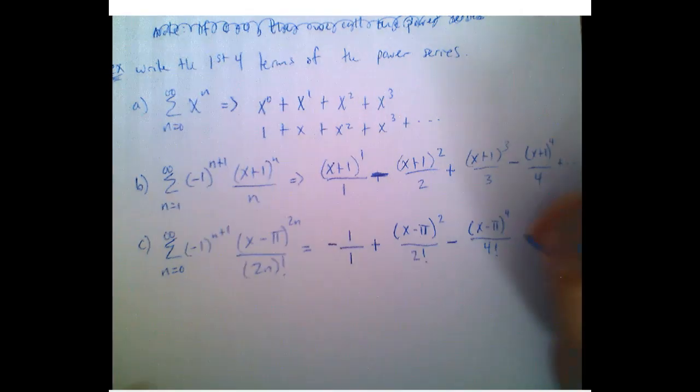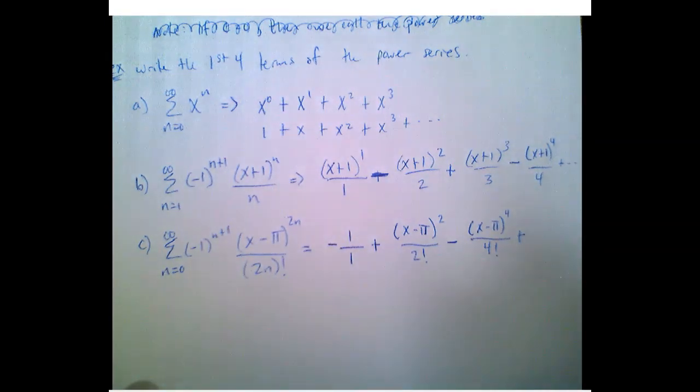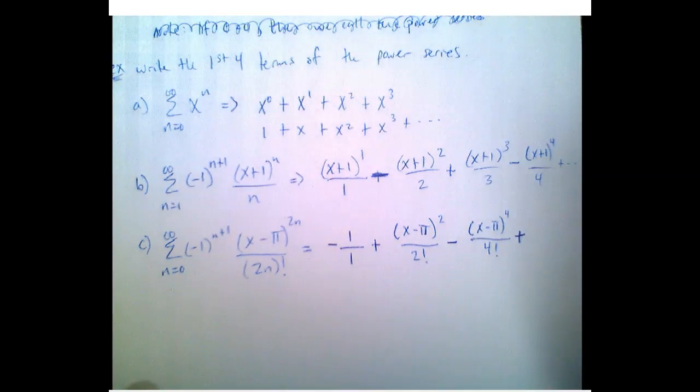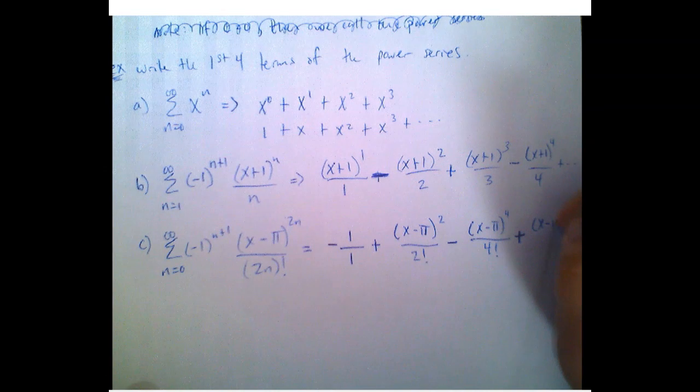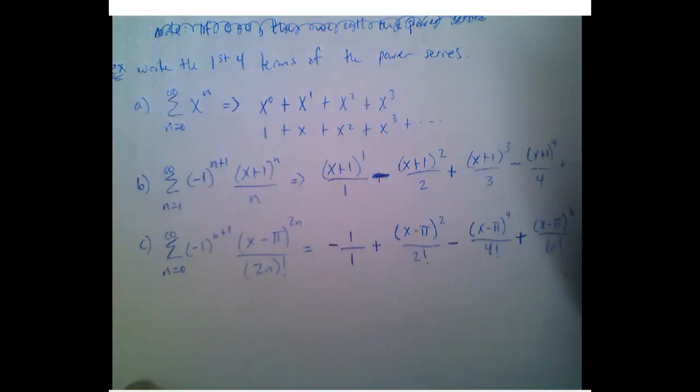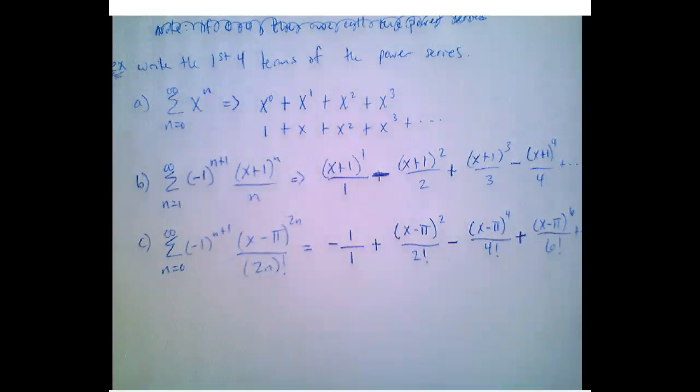And then lastly, n is 0, 1, 2, 3 this time, so a positive x minus pi to the 6th over 6 factorial.